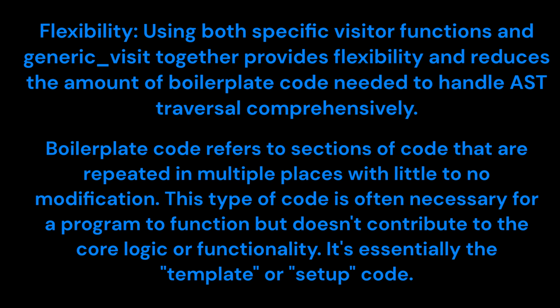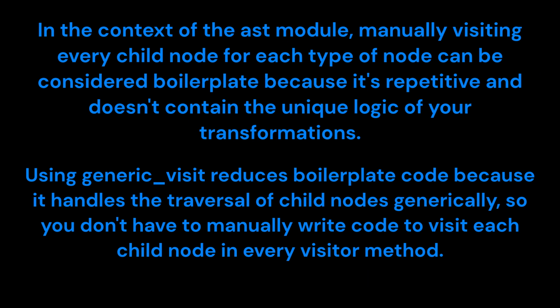Boilerplate code refers to sections of code that are repeated in multiple places with little to no modification. This type of code is often necessary for a program to function but doesn't contribute to the core logic or functionality. It's essentially the template or setup code that you need to write over and over again.